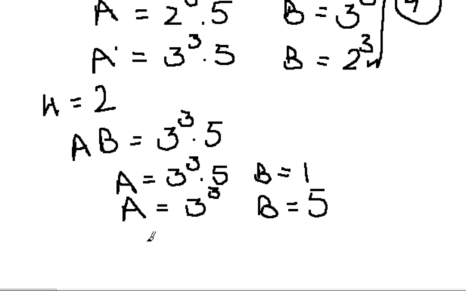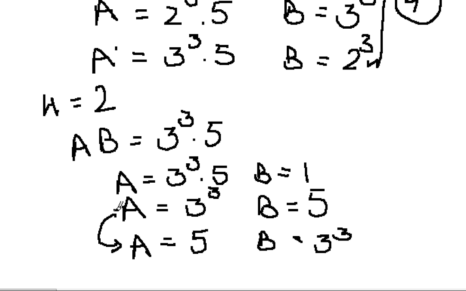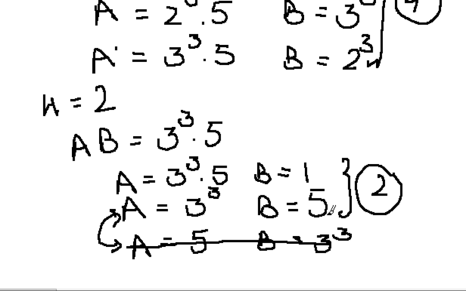Another way this could happen is that we take a equal to 5 and b equal to 3 cube. But note that these two are the same, so we cannot actually differentiate this case. We are not taking ordered pairs. a and b could be exchanged with each other. So there are only two ways to have the values of a and b here.